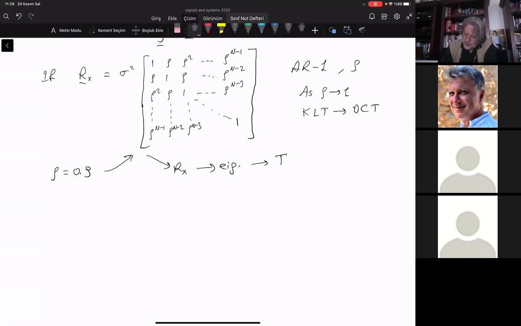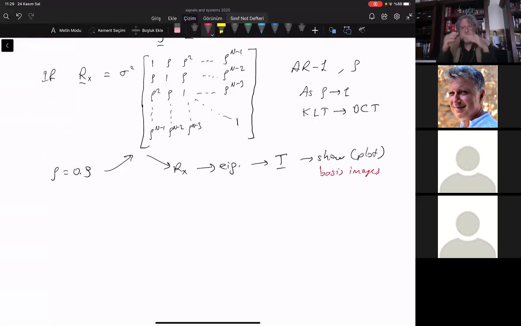So find the Karhunen-Loève transform from here and plot the basis images.